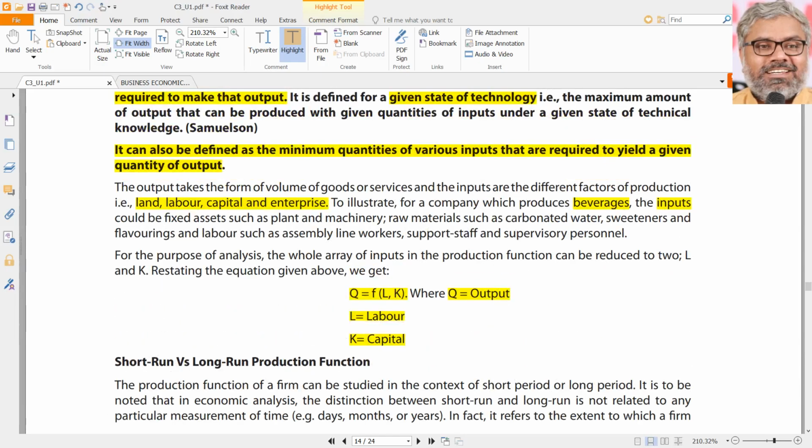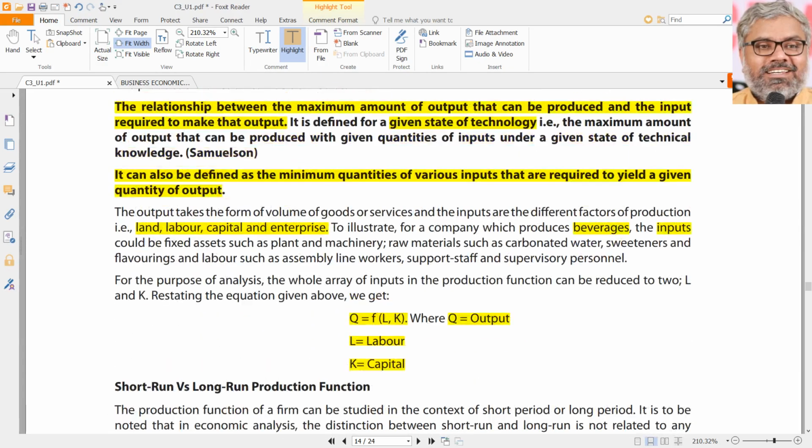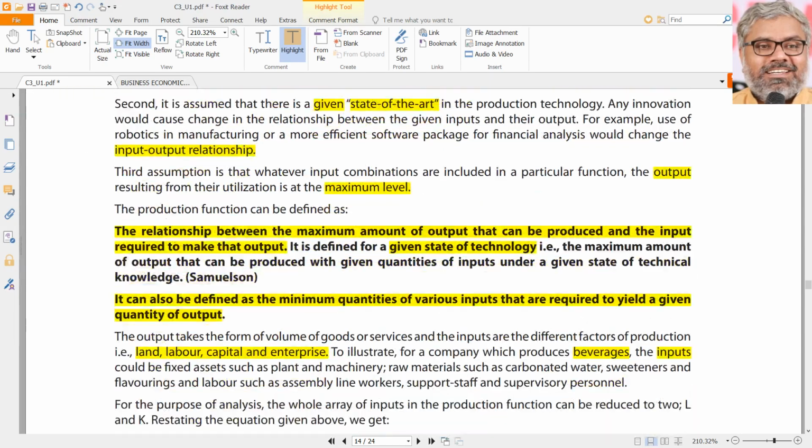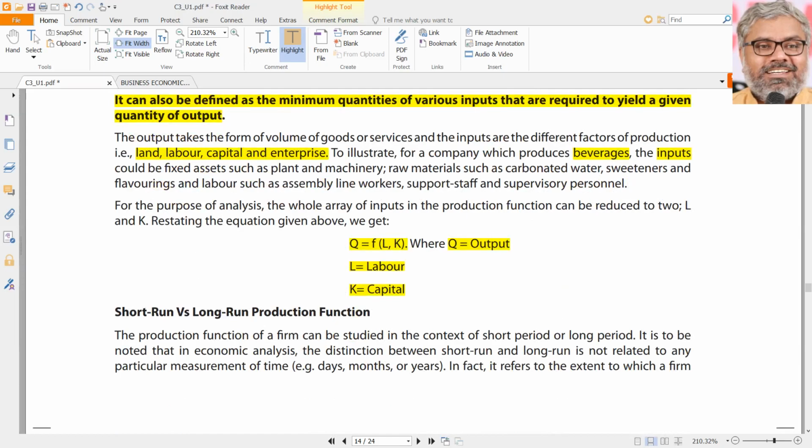So that is the production function. And here, why take only labor and capital? Why can't we take all other factors of production? We can take. We are only taking a simplified version of production function, taking major factors like labor and capital. There will be so many other factors also. All of them put together, only then production will happen, and production function definitely will need to have all the factors incorporated in it.